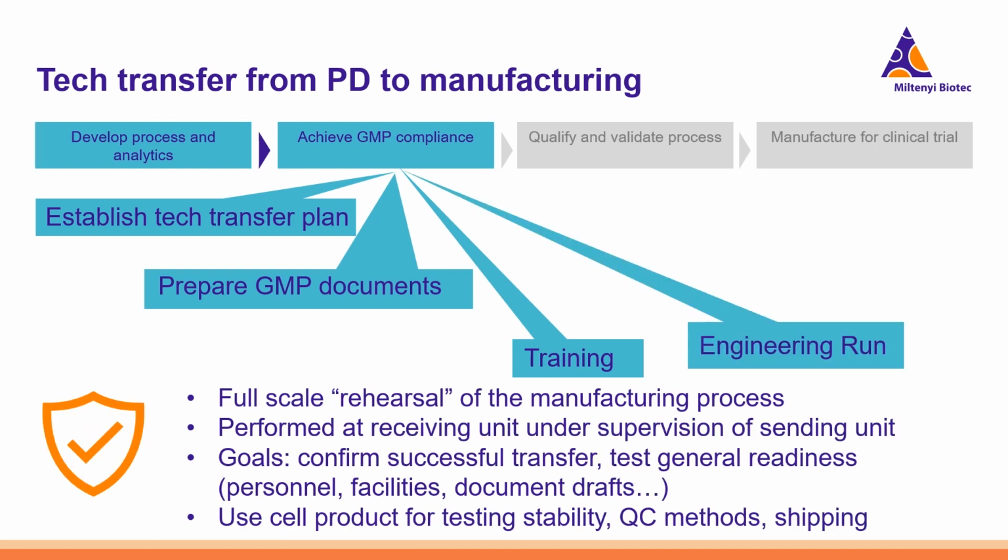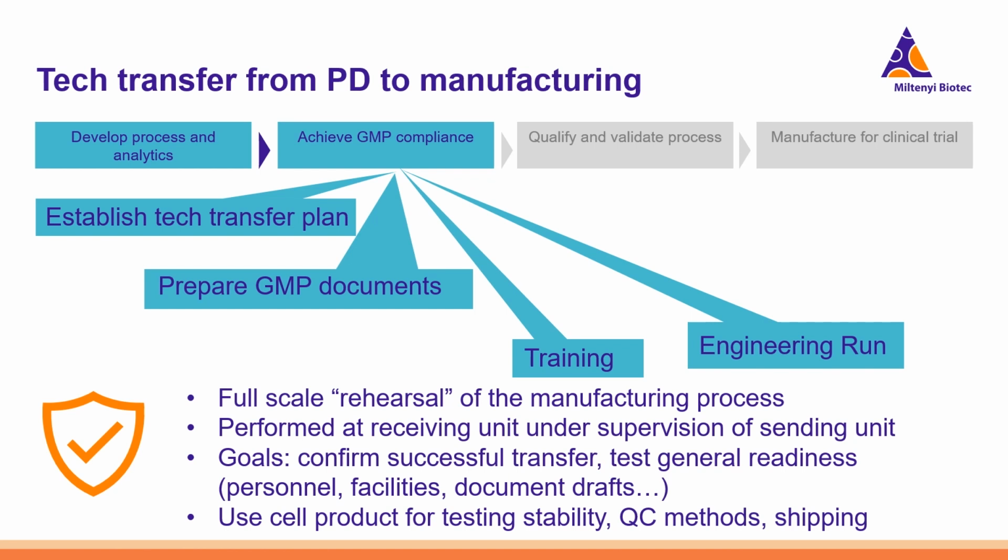The final confirmation of a successful tech transfer is the so-called engineering run, which is basically a full-scale rehearsal of the manufacturing process. And that means that it's also performed at the receiving unit, but still not completely independently.